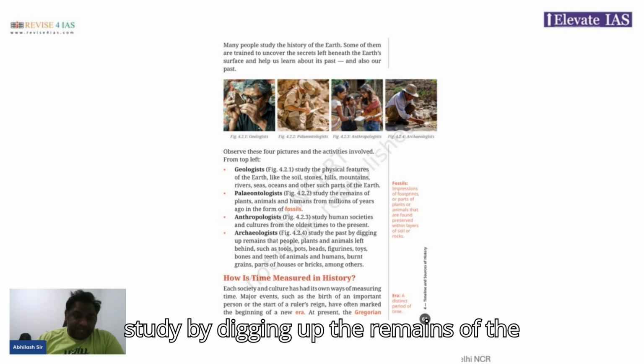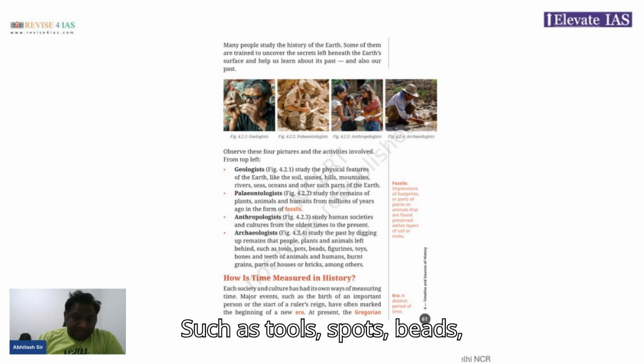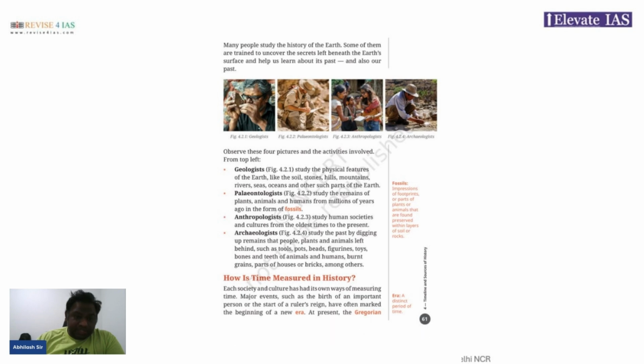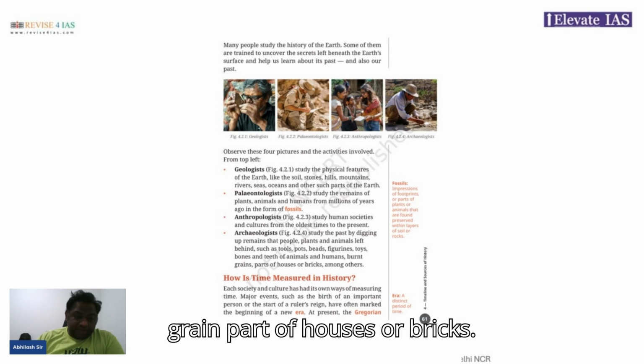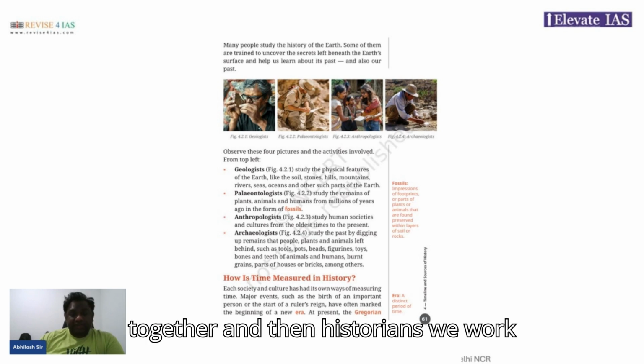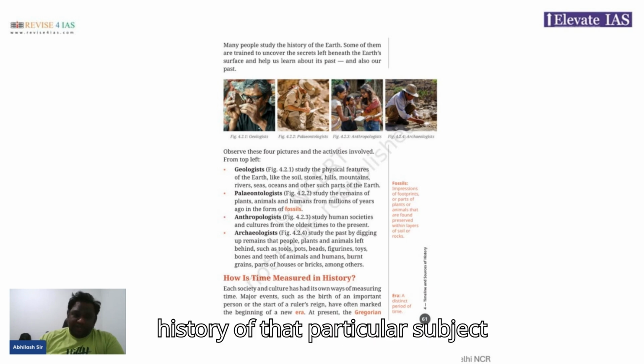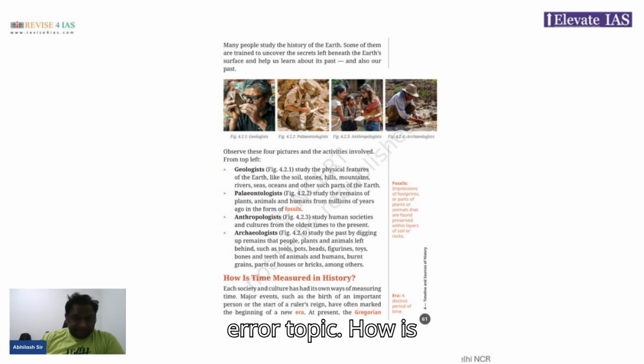The archaeologist studies by digging up the remains of people, plants, and animals left behind, such as tools, pots, beads, figurines, toys, bones, burnt grain, parts of houses or bricks. These studies come together, and then historians weave a timeline or story about the history of that particular subject, era, or topic.